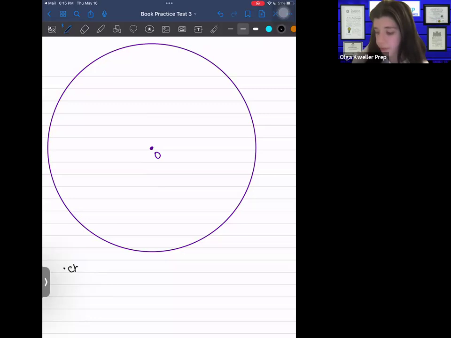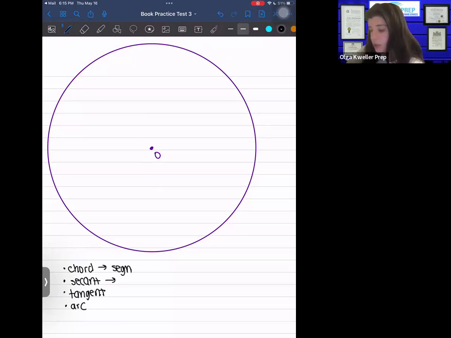So we have a chord. We've got a secant, which is what this question that we're working on is testing. We've got a tangent. And we've got an arc, right? That's most of the vocabulary that they're going to throw at you. So a secant is a line that goes through the circle and it contains a chord. A chord is a segment whose endpoints lie on a circle.